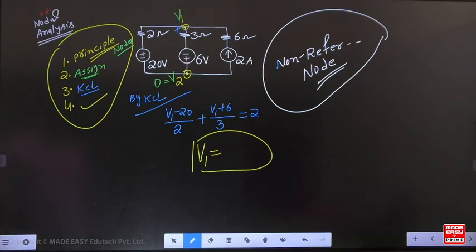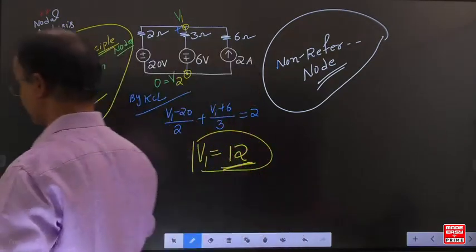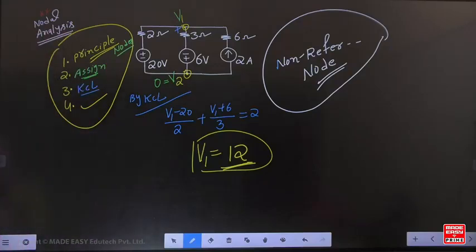Many students are saying V1 is 12. Is it correct? Okay, very good. Check once more. Shall I confirm this answer?